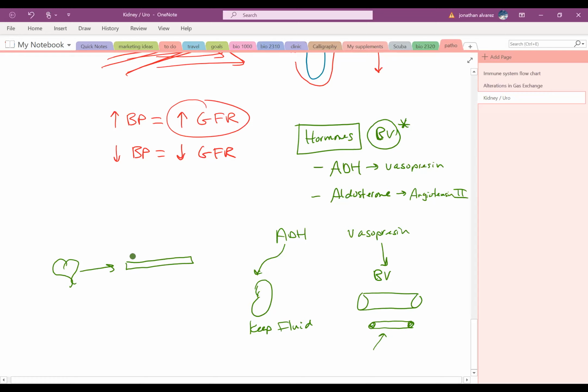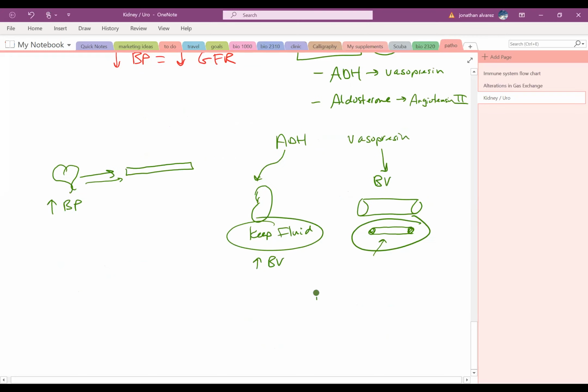It's a lot of work to push fluid through a tiny tube, so this would increase the blood pressure. So by keeping fluid, which increases blood volume, and squeezing the tube tighter, all of this increases blood pressure.